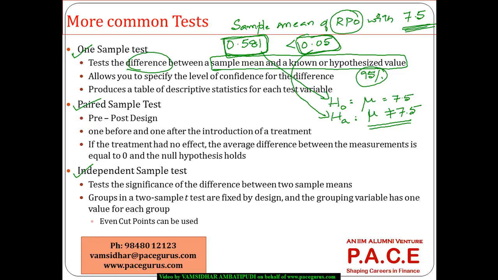But if the significance value is greater than 0.05, I cannot reject the null hypothesis. So I am forced to go ahead with the null hypothesis that there is not much of a difference between the sample mean and 7.5. There is no significant difference in the means between the sample and 7.5. That's the typical way we make a business decision from this.